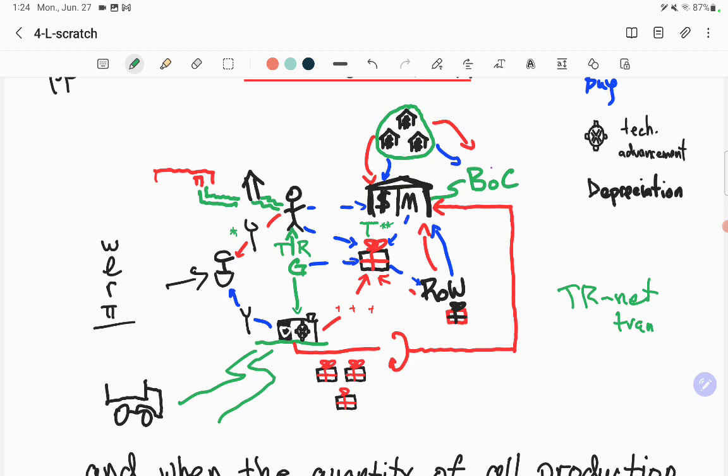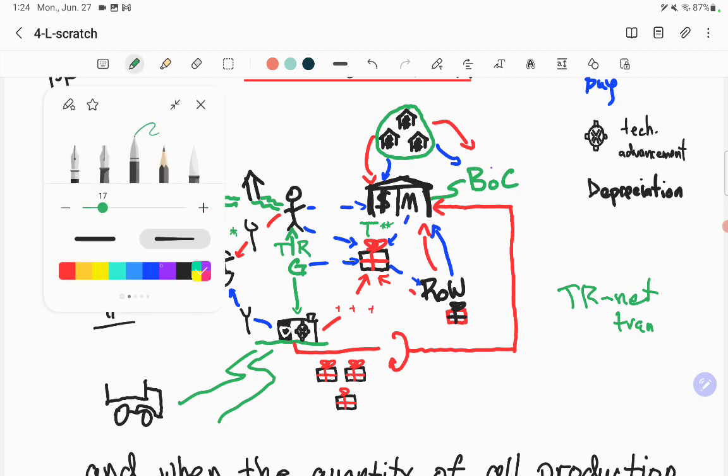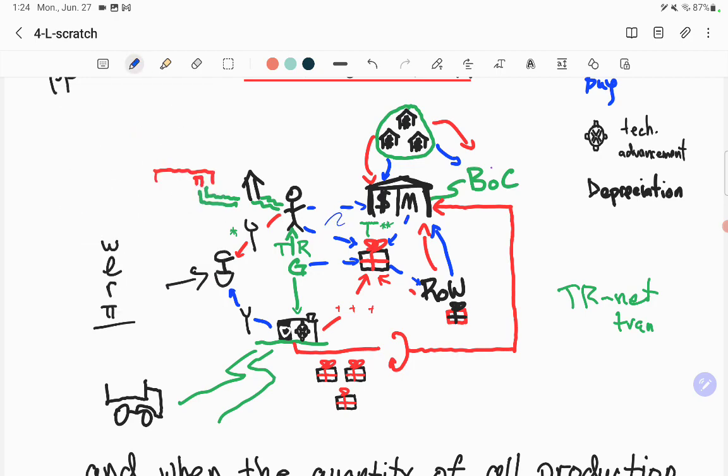What's it called when us people buy something? Begins with a C. Thank you. Consumption. What's it called? Consumption expenditure. What's it called when the government buys stuff? Government expenditure. What's it called when foreigners buy our stuff?